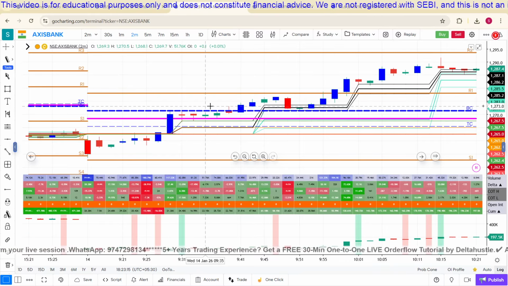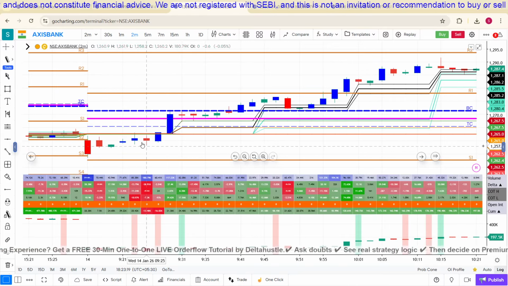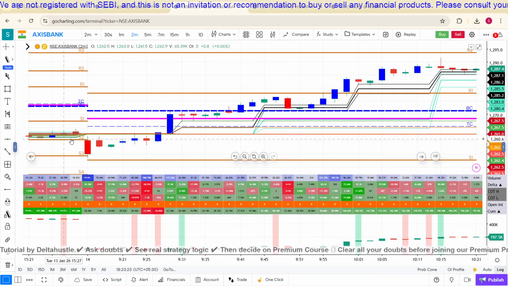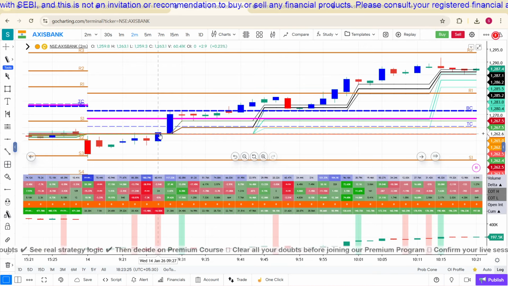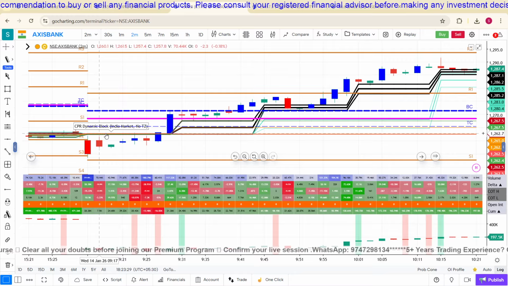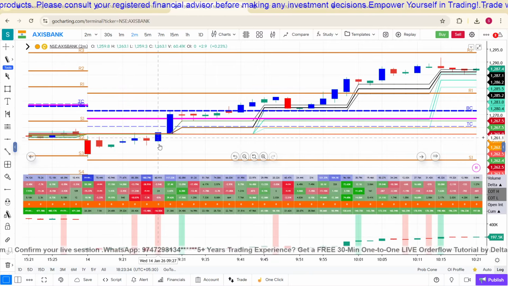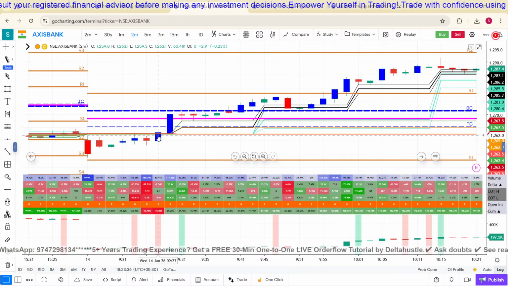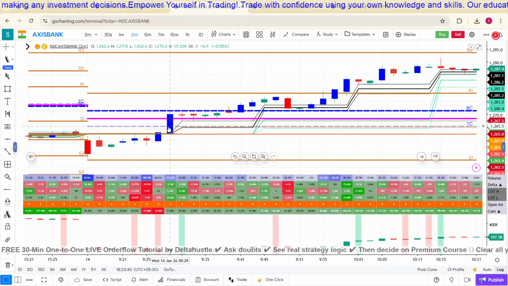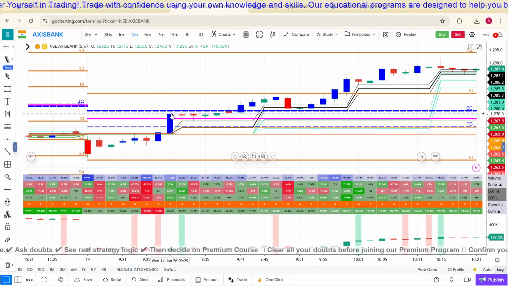So 15 minutes on the top, 30 and 90 minutes on the lower side, and one of them should be in a narrow range. You see here the narrow range CPRs, all the lower time frame CPRs in one range. And this candle breakout happened here, and this candle has given a correct confirmation.